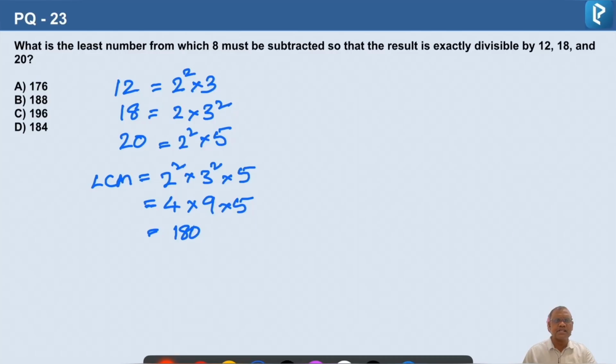So what is the least number from which 8 must be subtracted? If you subtract 8, we should get 180. So that means we should add 8 to 180. 180 plus 8 is 188. So this is the least number from which if you subtract 8, it will be divisible by all these three numbers. Option B is the correct answer.